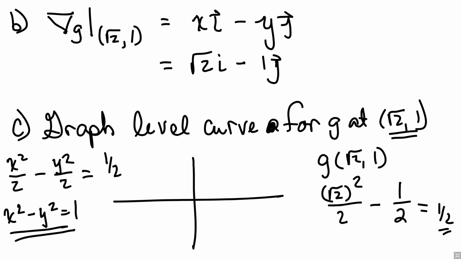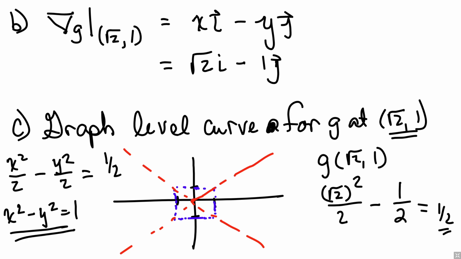So we know we're starting at 0, 0 for the center of this hyperbola. Then we're going to go 1 unit in all 4 directions. We can create a box, and then we can put the asymptotes in there, which are the diagonals of the square.